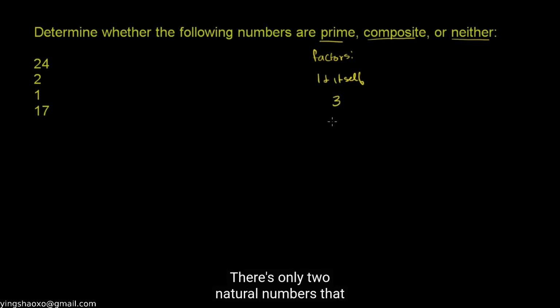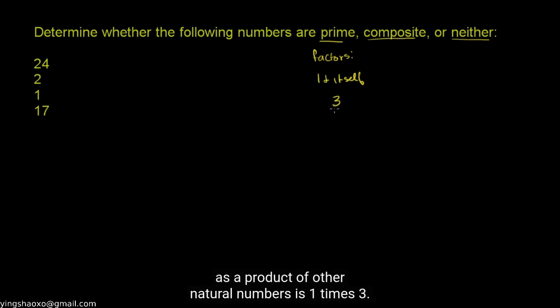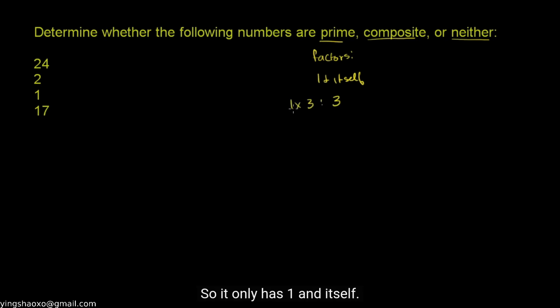There are only 2 natural numbers that divide into 3, 1 and 3. Or another way to think about it is the only way to get 3 as a product of other natural numbers is 1 times 3. So it only has 1 and itself. A composite number is a natural number that has more than just 1 and itself as factors. And we'll see examples of that. And neither, we'll see an interesting case of that in this problem.